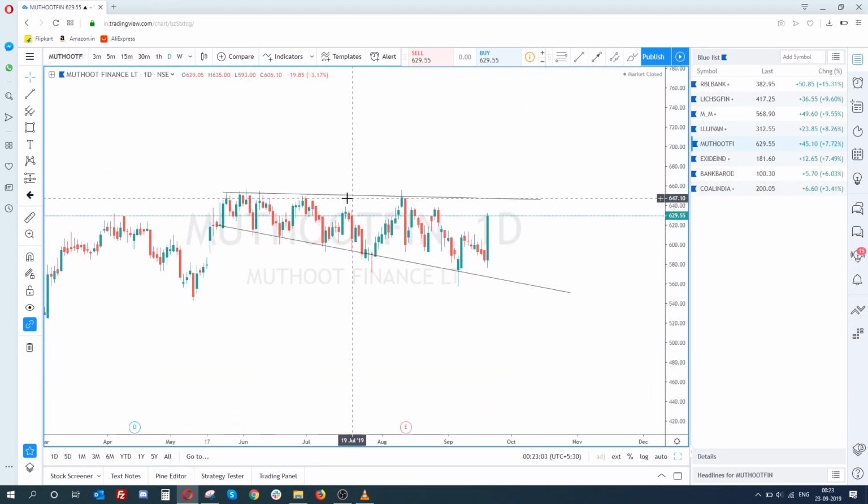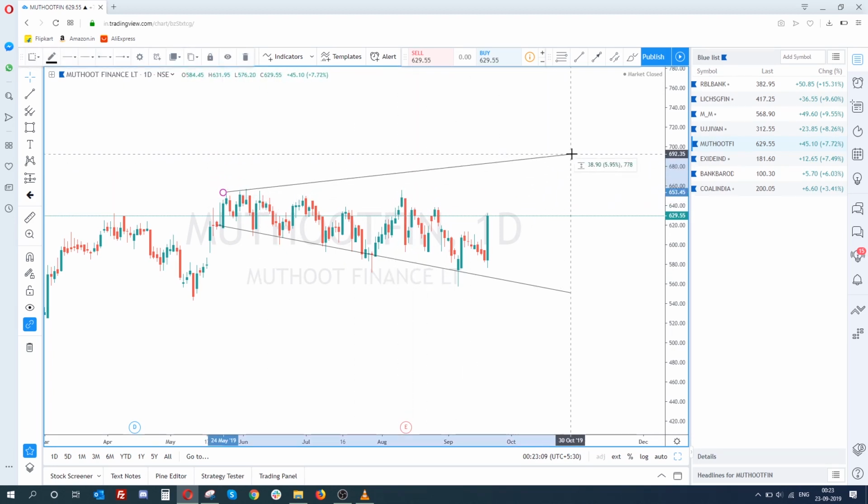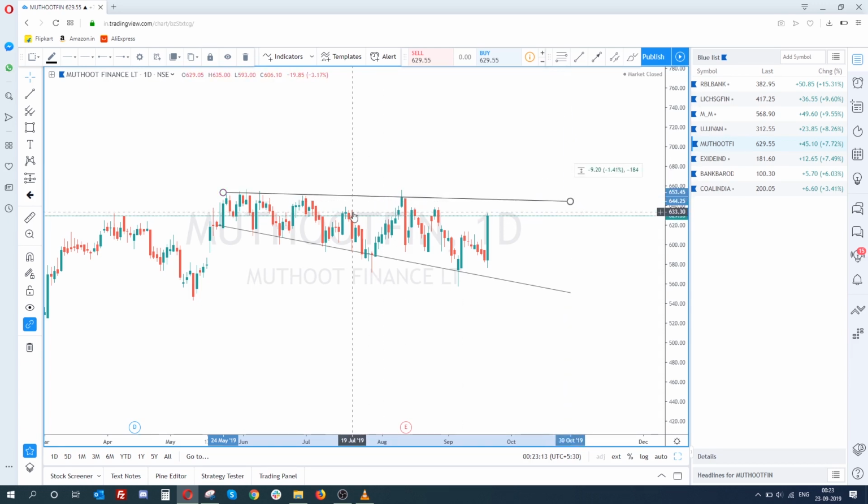At the top it was not expanding that much, so a perfect expansion channel would be this. Again, there is no hard and fast rule that an expansion channel must look like this. At the top it can form uniformity, it's fine, but at the bottom it's expanding. So we cannot confine supply and demand to a specific thing, right?